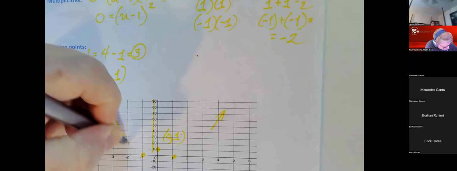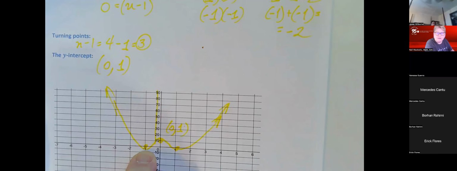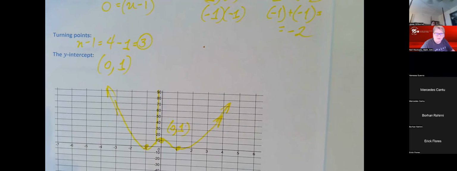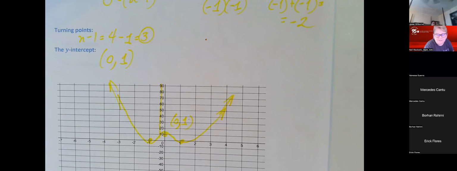That's right. I have to turn in order to touch. I've got to turn at -1 and turn at +1. How many turning points do we actually have for this graph?